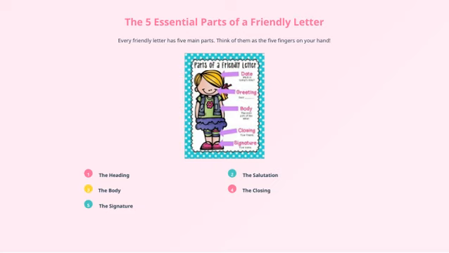The third part is the body of the letter, where you share your thoughts, news, or stories. This is the heart of your message. Then comes the closing, a polite way to end your letter, such as "sincerely" or "best wishes." Finally, there's the signature, where you write your name to let the reader know who the letter is from. Remember, each of these parts is important because together they create a friendly, well-organized letter that communicates clearly and warmly.